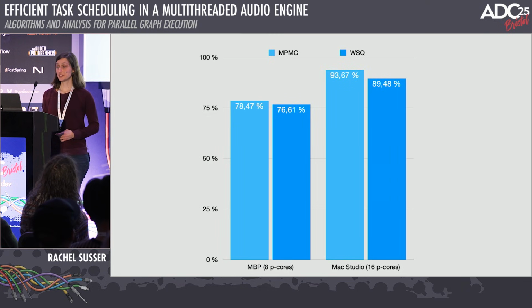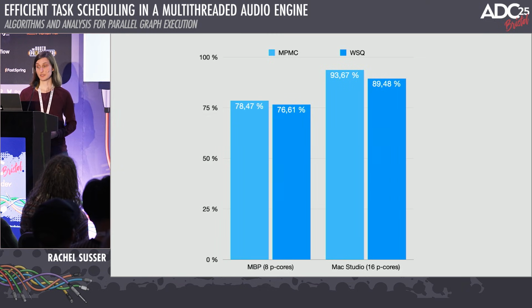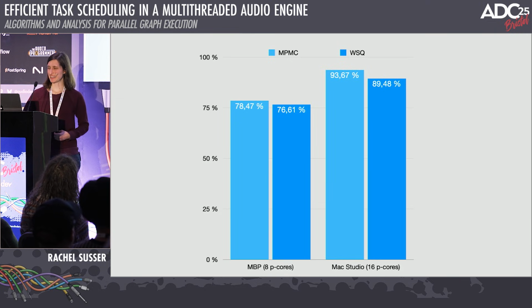While the scheduler that uses an MPMC queue gives us about 15 percentage points worse performance when we double the thread count, with the work-stealing queue, we're only 13 percentage points worse on the Studio. We can imagine that this trend would continue with an even more powerful machine.